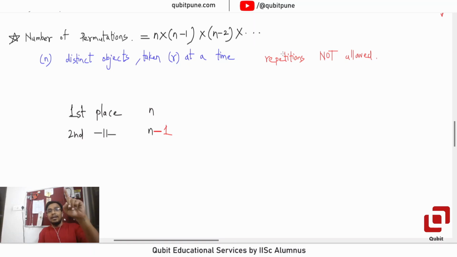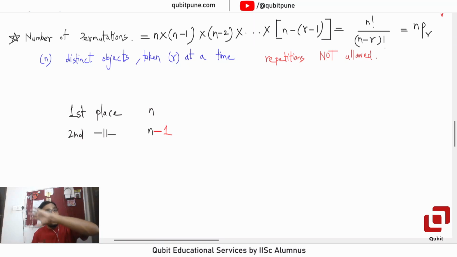For the second place it is 1, for the third place it is 2, so for the rth place it will be r minus 1. Using properties of factorial notation, we get this as n factorial upon n minus r factorial, and that is what we call nPr.